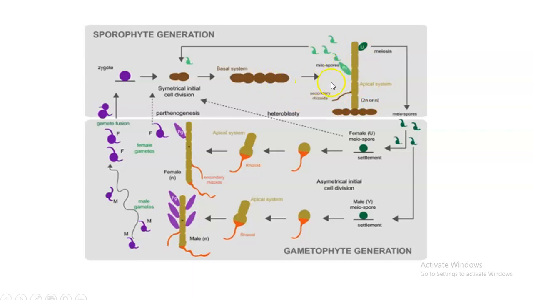This sporophytic generation will be releasing spores. Then the spores will be forming the gametophytic filaments, male gametophytic filament and female gametophytic filament. This is part of sexual reproduction that we will see later.